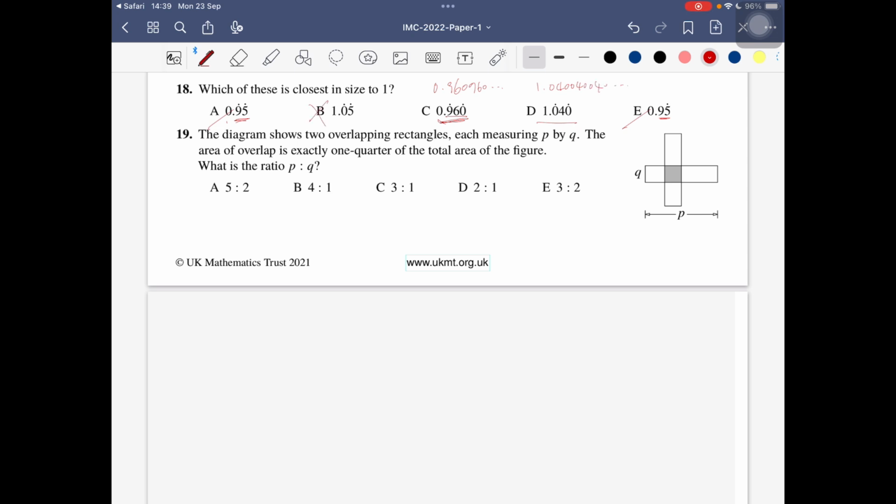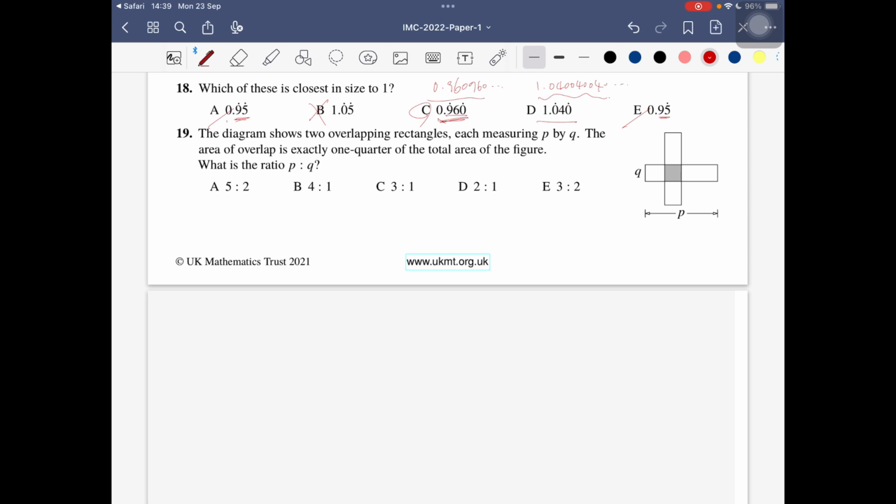So this is also not the answer. So among 2, this has the distance of 0.039 something. But this one has the distance 0.04 something. So this is closest.